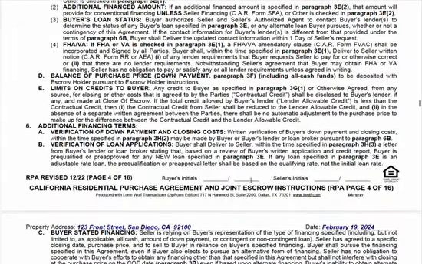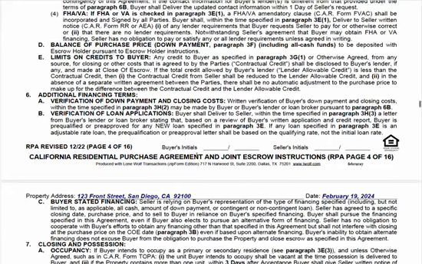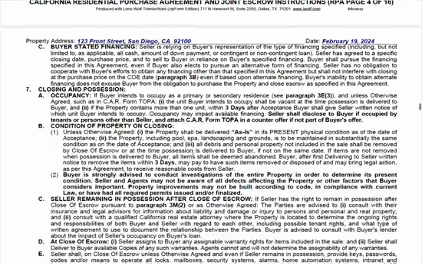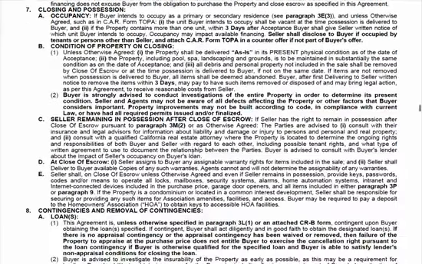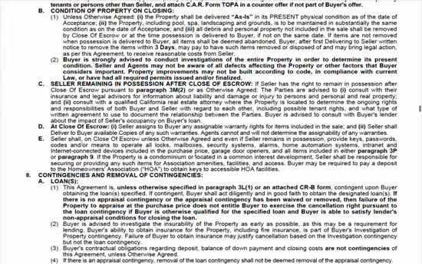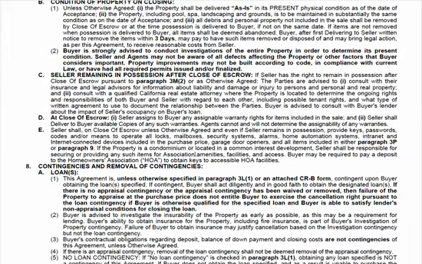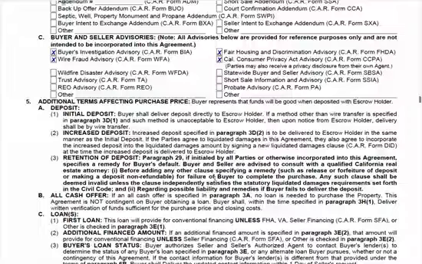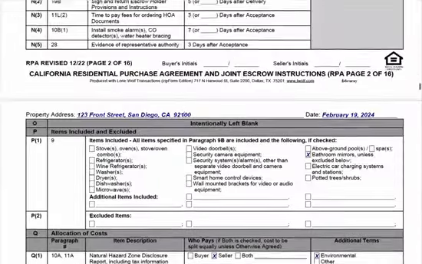Now remember, both parties are initialing at the bottom of every page. But all of these are provisions that state a course of action or remedy to take should something go wrong or should there be a question about one of the terms above. The way this whole offer is structured, I'll just show you very quickly. There's a grid, okay?